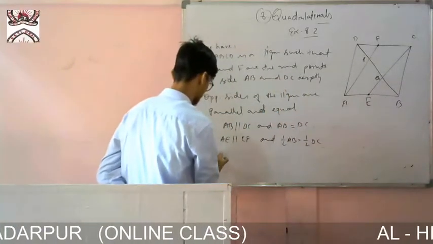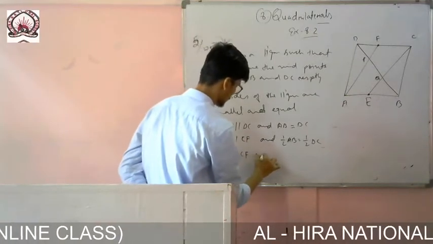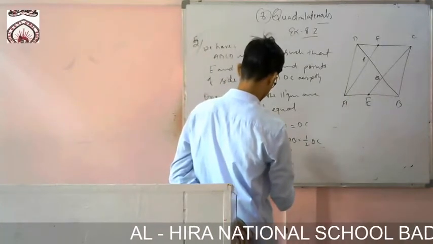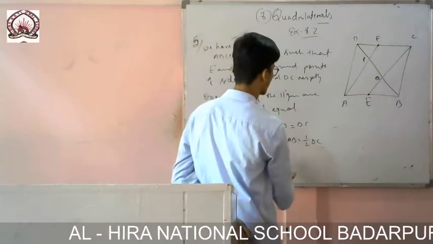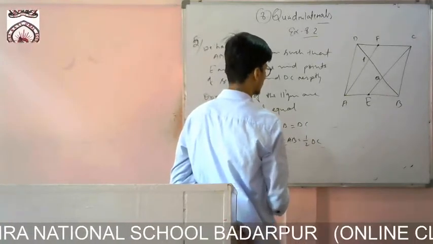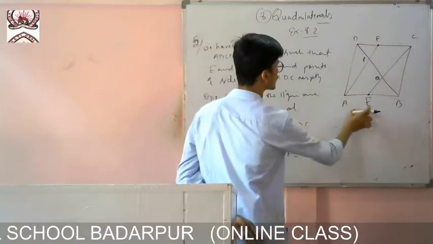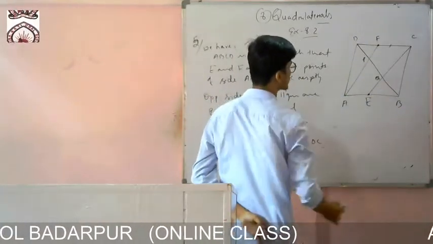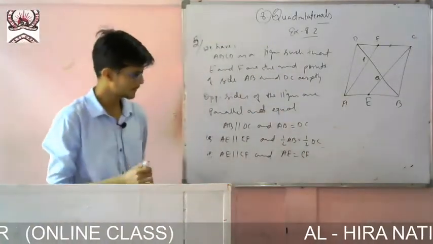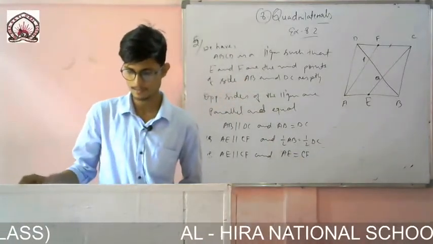So CF is half of DC, and half of AB is AE. So AE is parallel to CF and AE is equal to CF.